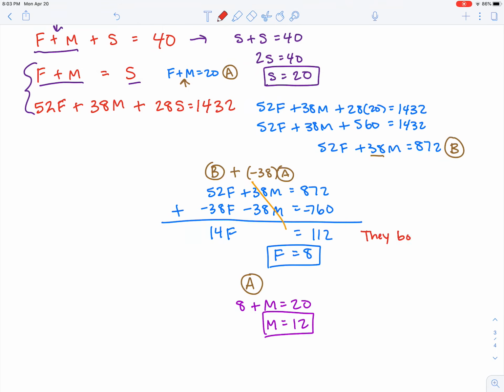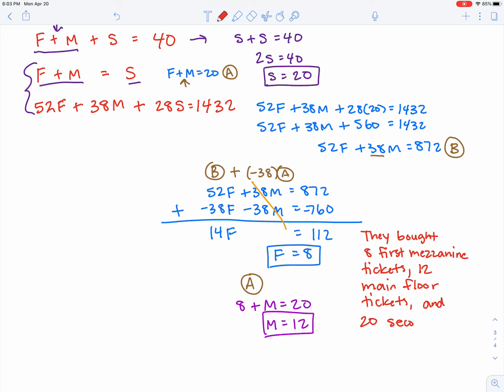They bought 8 first mezzanine tickets, 12 main floor tickets, and 20 second mezzanine tickets.